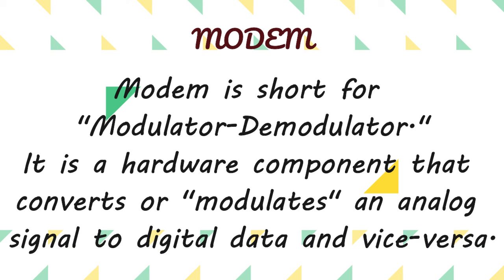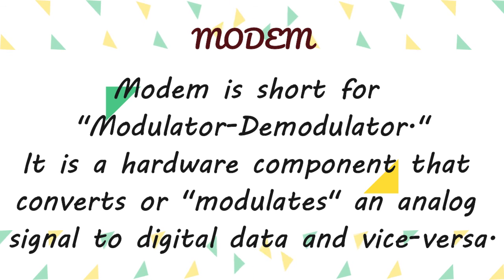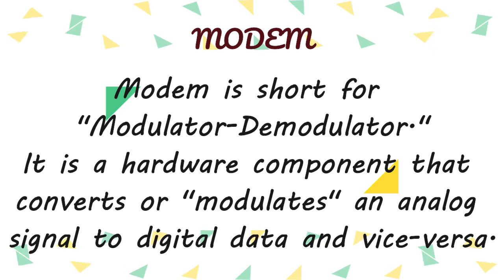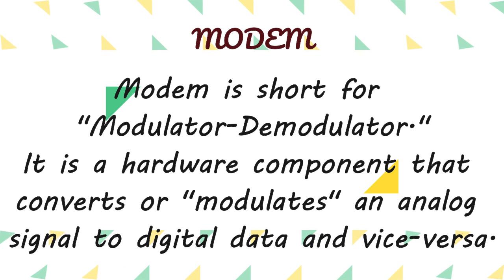It converts, or demodulates, the analog signal from a telephone line or cable wire to digital data, that is 1 and 0, or binary language that can be recognized by the computer. Similarly, it converts the digital data from a computer or other devices into an analog signal that can be again sent over the telephone lines or cable wire.